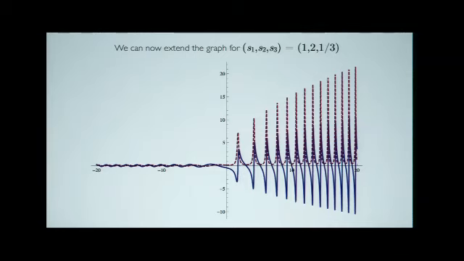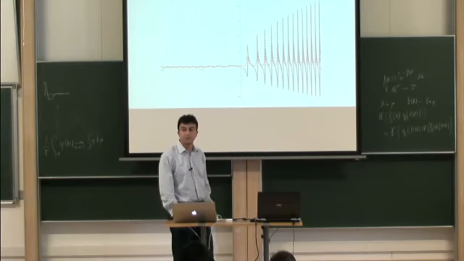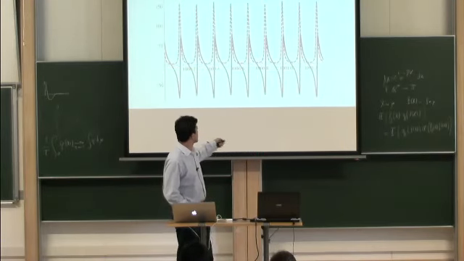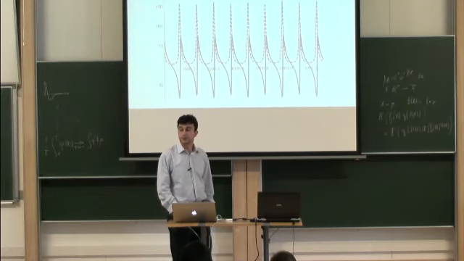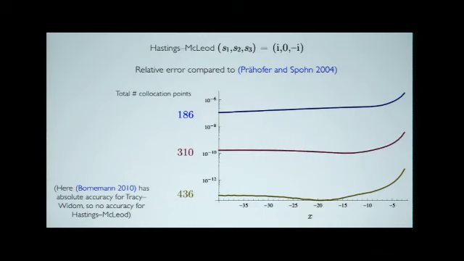So we can extend this graph using these two approaches, one for positive, and we get an accurate representation of this very stiff behavior. And there's no reason we have to stop there. We can have x equal to 1,000 as well, and it seems believable. And we also get accuracy for Hastings-McLeod.